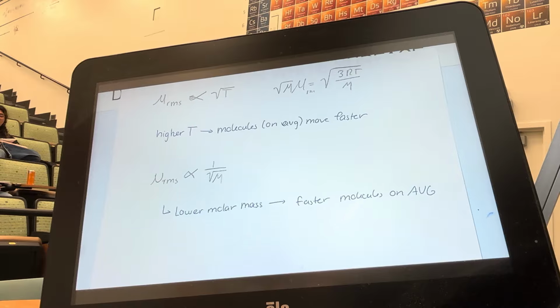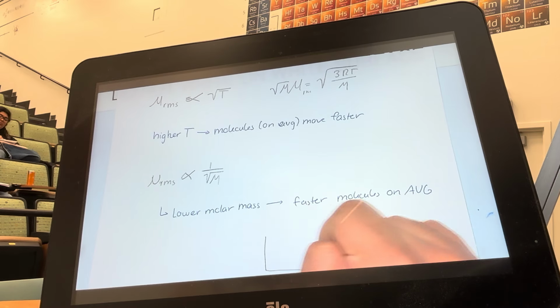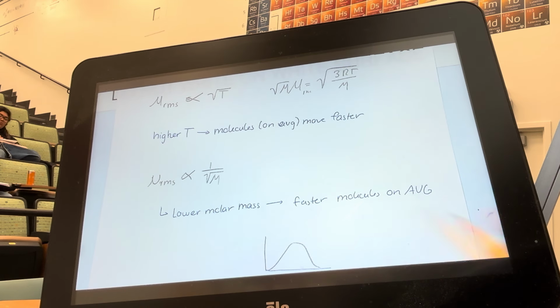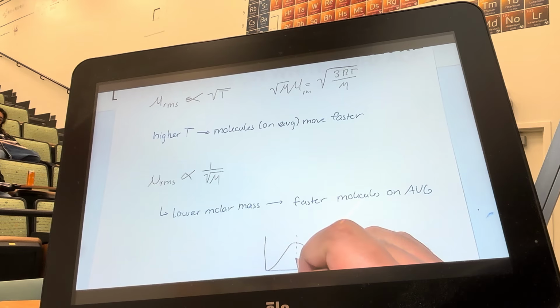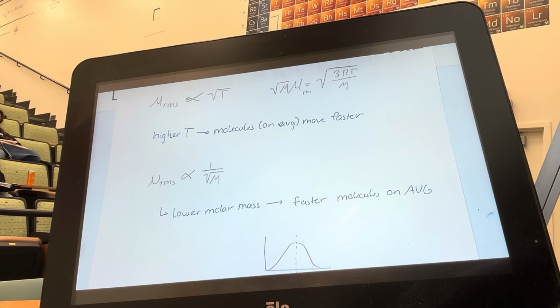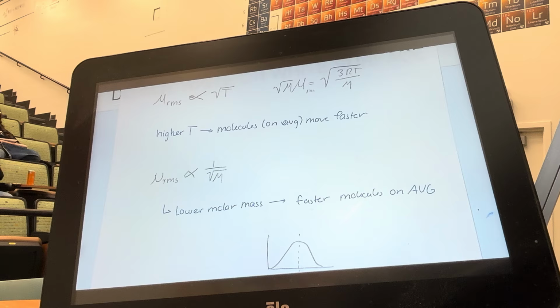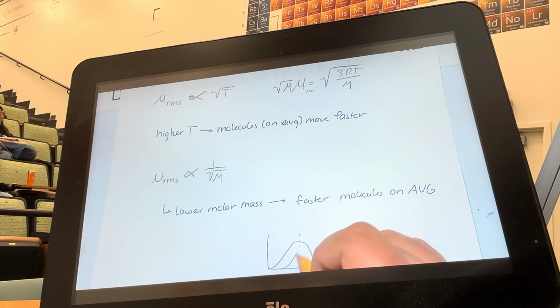Basically, on average, if you have more temperature, if it's hotter, on average, it's going to shift. So let's say this is the Gaussian curve at 60 degrees Kelvin, and this is our average kinetic energy right here. If we get hotter, to 90 degrees Kelvin, it's actually going to shift like this.